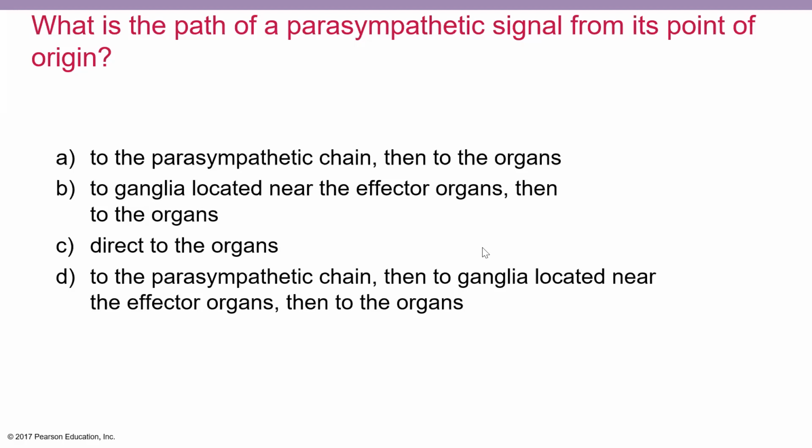So what is the path of a parasympathetic signal from its point of origin? A lot of response for D and B, more so for D.